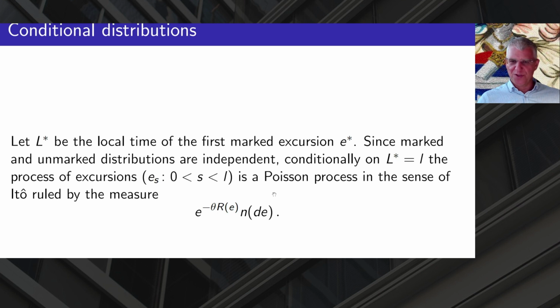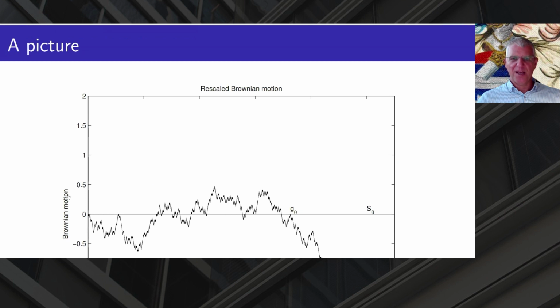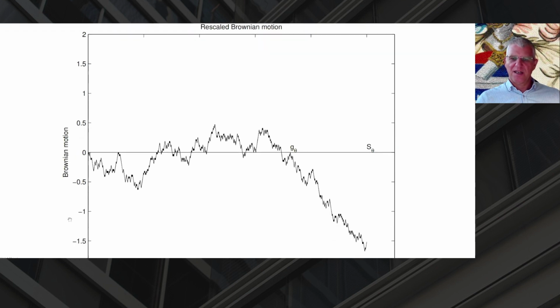And we can compute the distribution of that random variable using Itô's excursion theory. And here's now the picture that will be the basis where we will connect Poisson processes, Brownian motion and Brownian bridge.